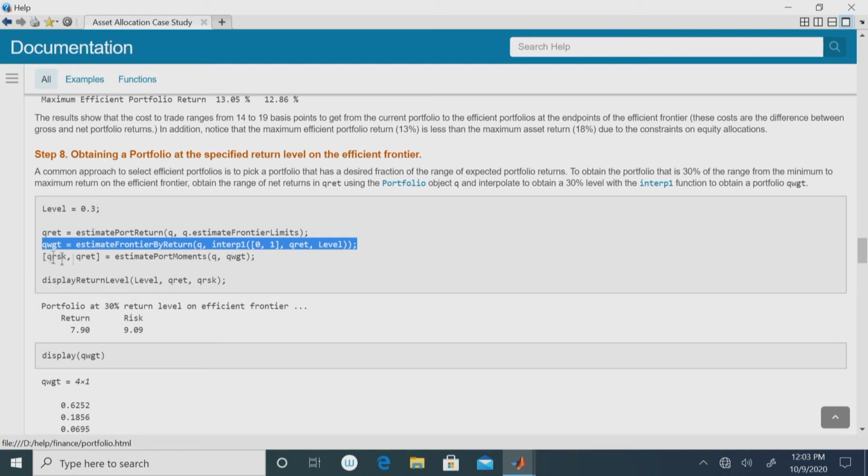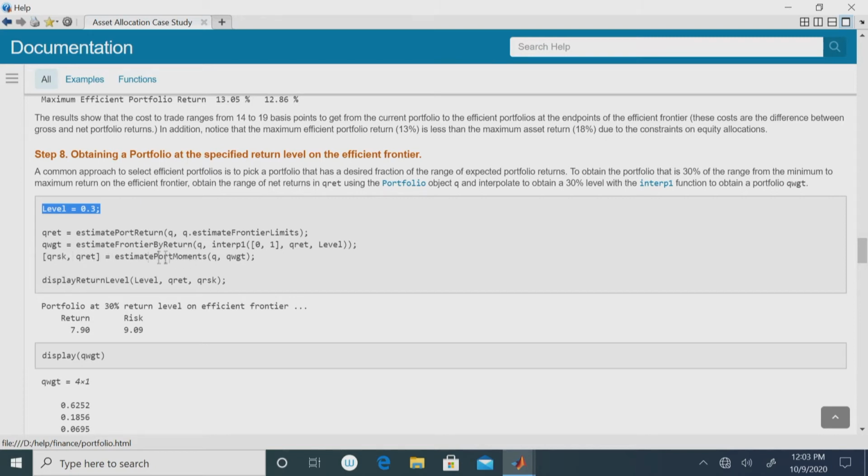Accordingly, these portfolio moments are estimated. So what you do is the following: Q WGT, where WGT is for weights. The weights for the portfolio which satisfies this level of 30% will be given by Q WGT, along with the corresponding return and risk.